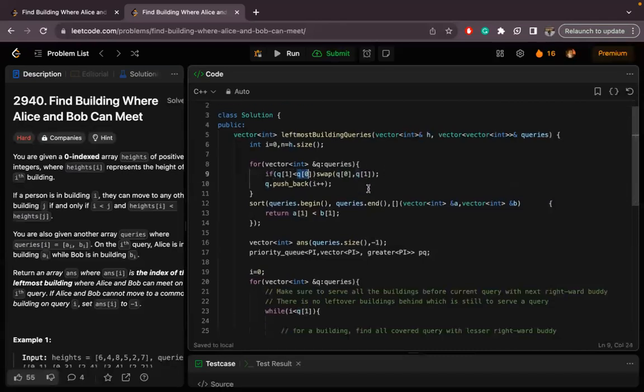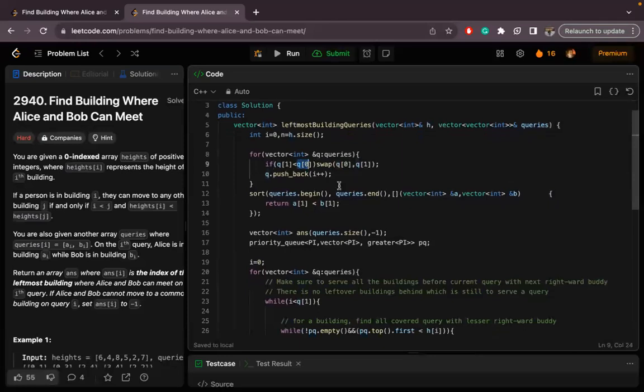So I have made sure that Alice's height is lesser than Bob's height, right? It will not matter at the end. If you think it's just that we have to find out a common building, it doesn't matter where Alice and Bob are residing. If i and j is given, Alice can be at ith, then Bob at jth, and vice versa can also be solved.